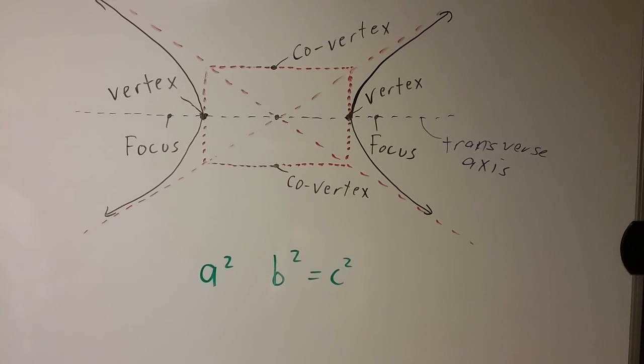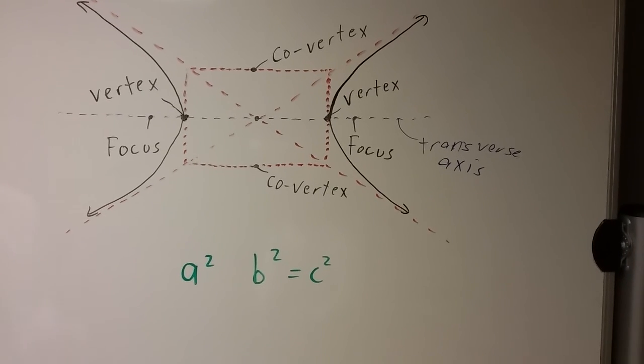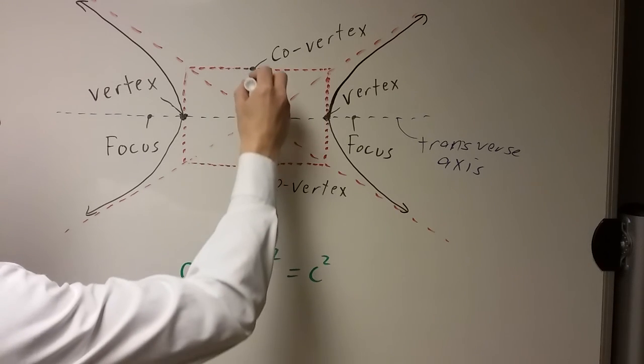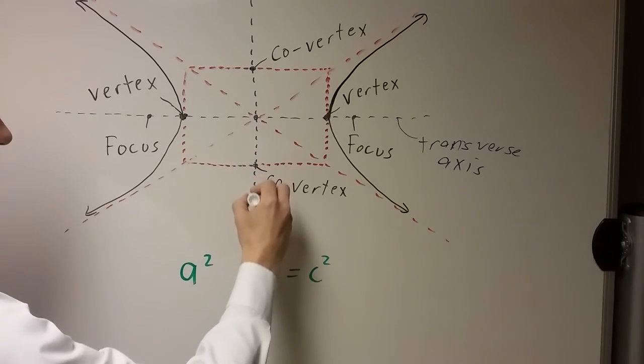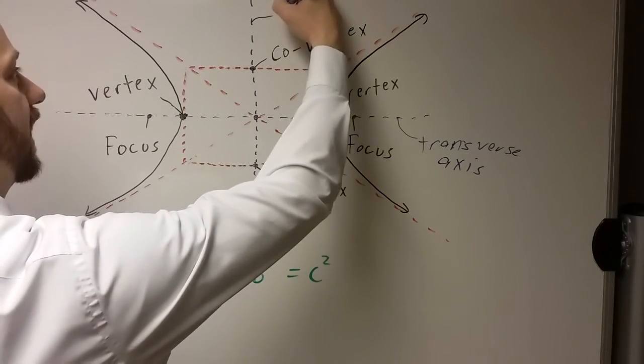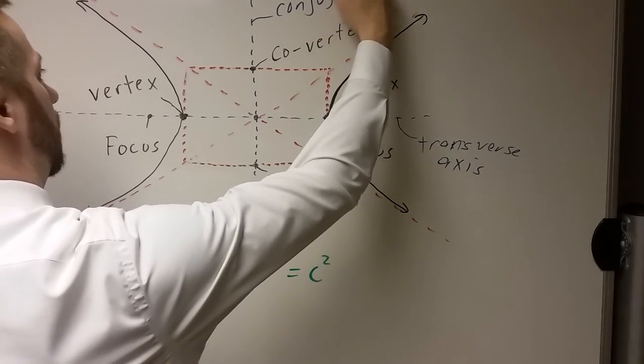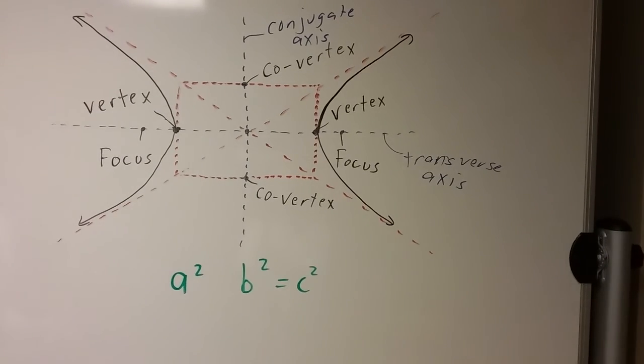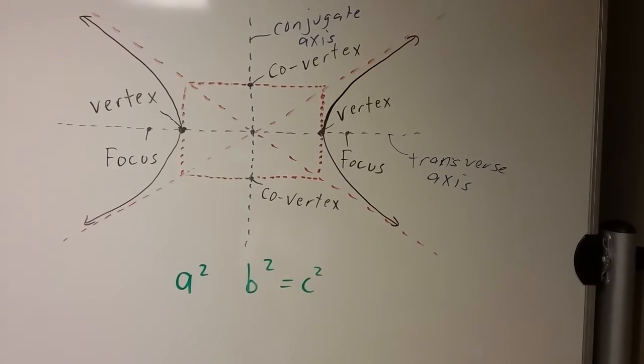And then we also need an axis right here. This is going to be called the conjugate axis. Right, and then a couple lengths we're going to have to put in here as well.